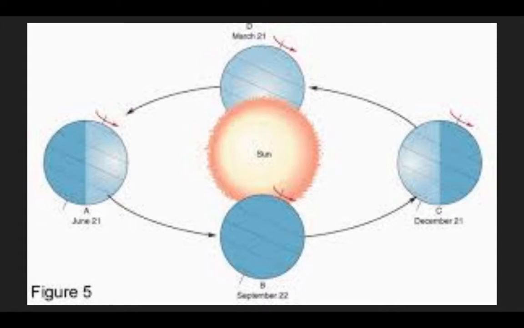Now in the northern hemisphere, you can see that the top half of the sphere, the top half of the circle, is pointed toward the sun just a little bit, and this is going to give us warmer days, and we have summer. But the folks in the southern hemisphere are pointed away from the sun, so at this point in the year, they're having winter.